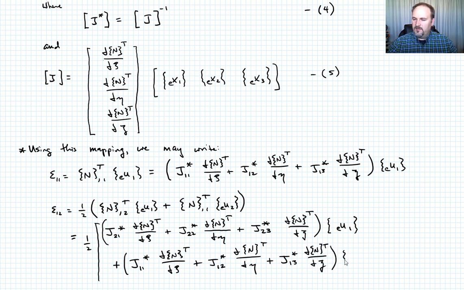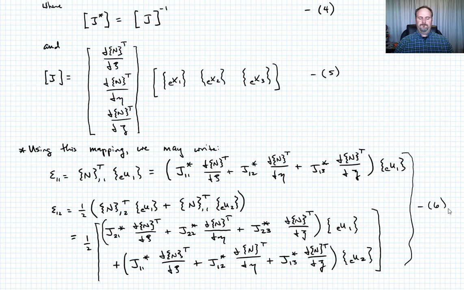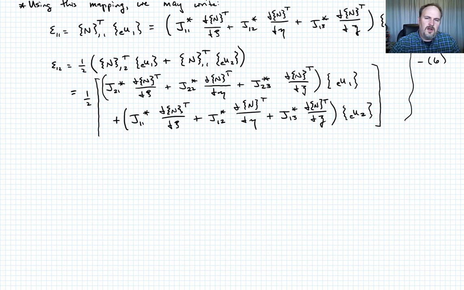That quantity times u2 of the element. Okay, something like that. And we'll call all of these equations 6. So you can go on and compute the other 4 strain components in the same fashion.